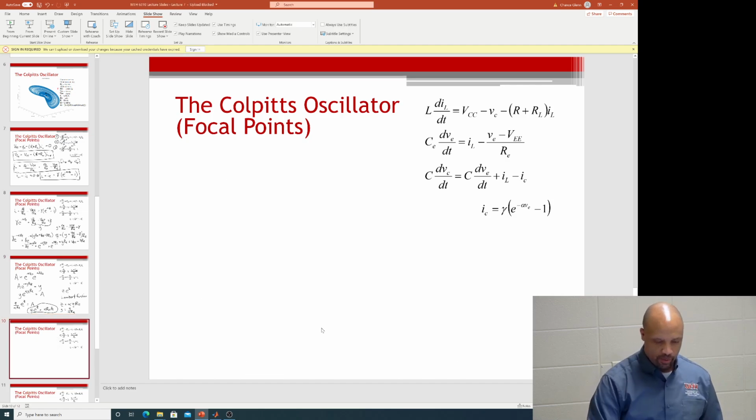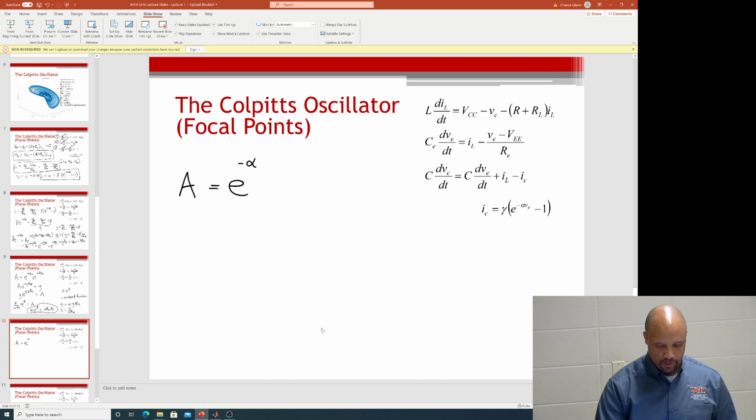If we go back, remember A is all of these things over here, so A is e to the minus alpha VEE times e to the alpha gamma RE.